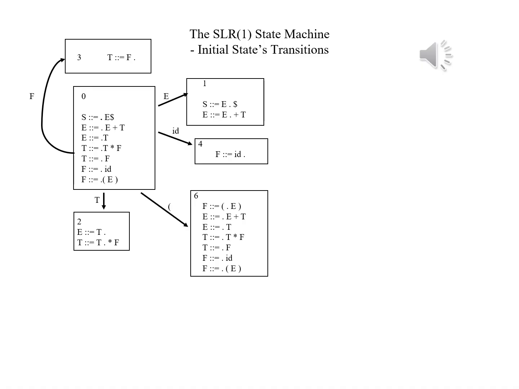On open parenthesis, I will transition from state 0 to state 6. From F derives dot open parenthesis E close parenthesis to F derives open parenthesis dot E close parenthesis.